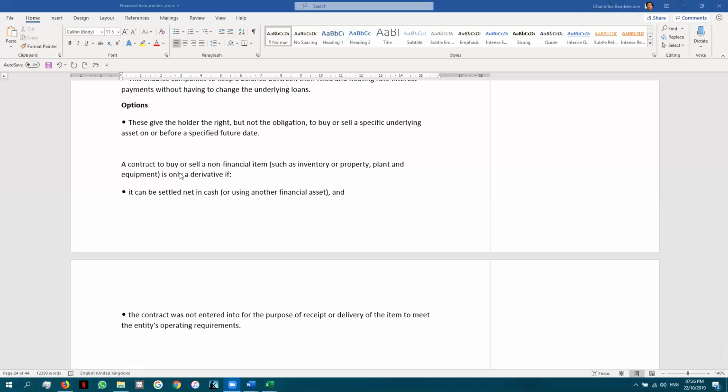And the contract was not entered into for the purpose of receipt or delivery of the item to meet the entity's operating requirements. So it's not as though the entity in 6 months' time actually planned to buy a piece of equipment, which is actually the contract being entered into for the purpose of receipt or delivery. It's merely that the entity intends to use a derivative, and the actual property, plant, equipment, or whatever is being used as the other side of it, the underlying.